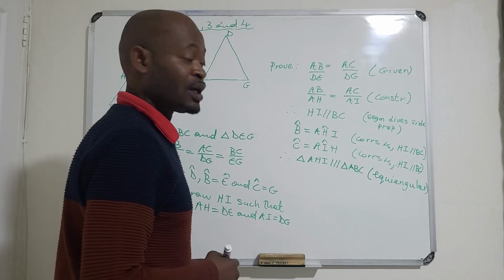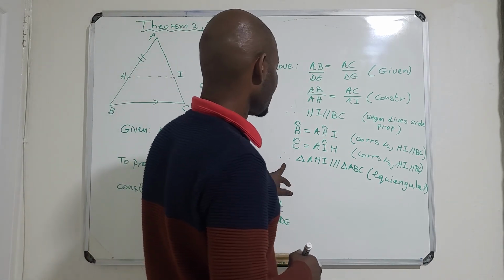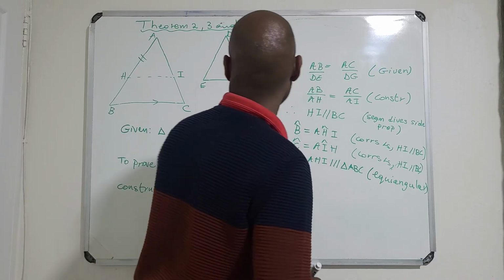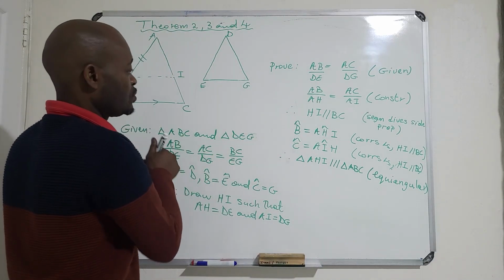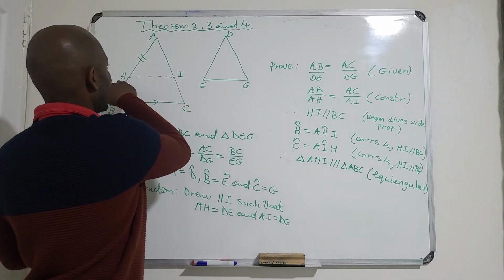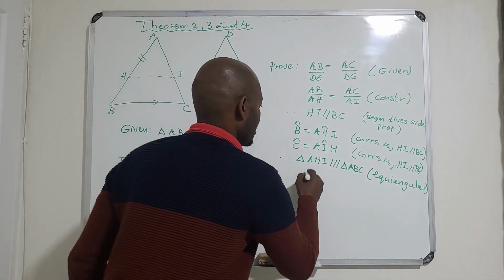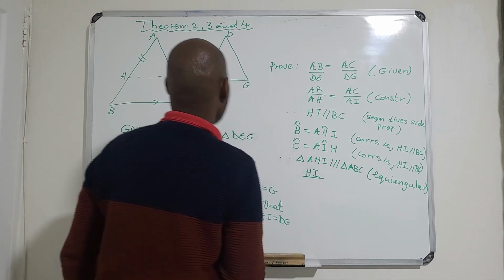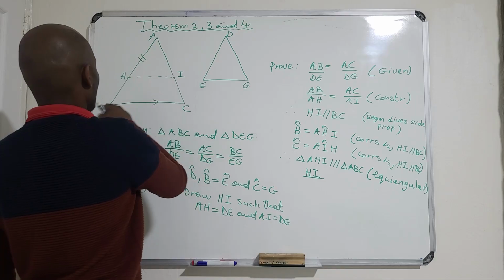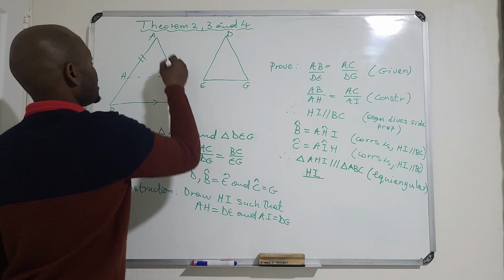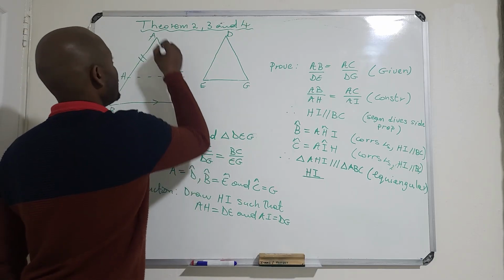Now, since these two triangles are equiangular, we know that we can say HI over BC, because this is similar to that.